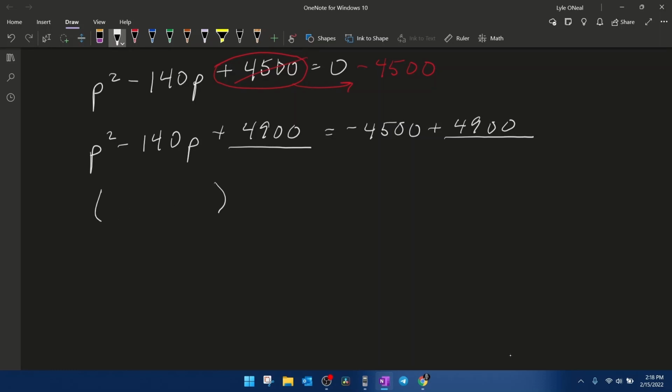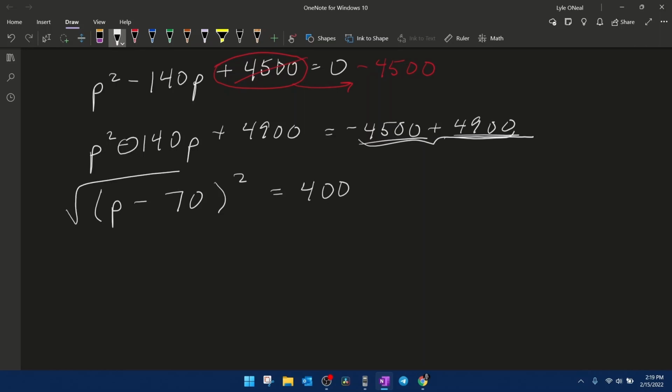And now we know that this trinomial is going to factor as a perfect square trinomial with this sign and the square root of the 4,900, which is 70. And then on the other side, I need to do the math. 4,900 minus 4,500 is 400.